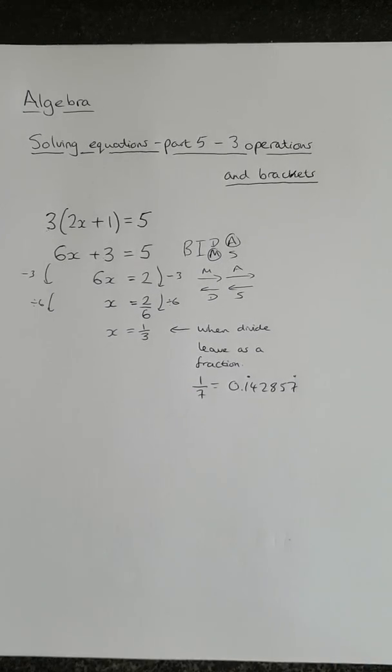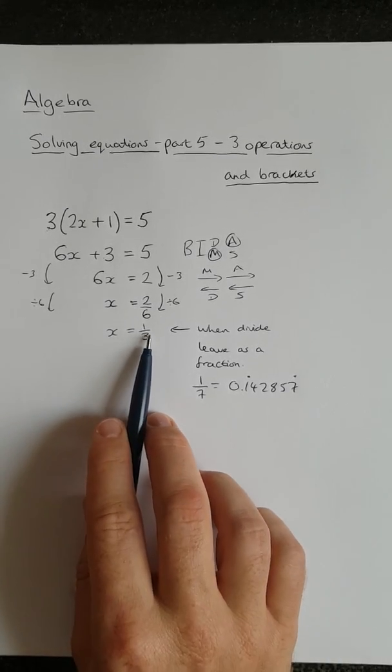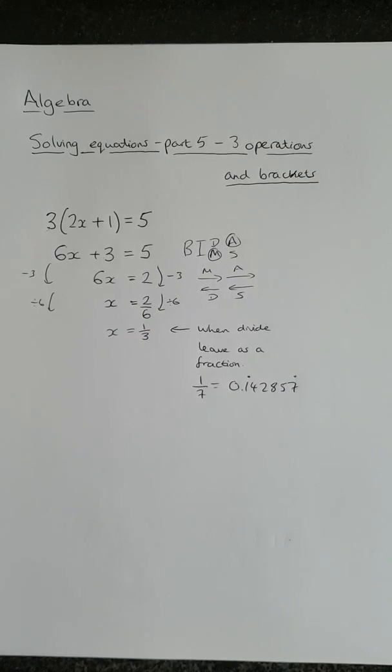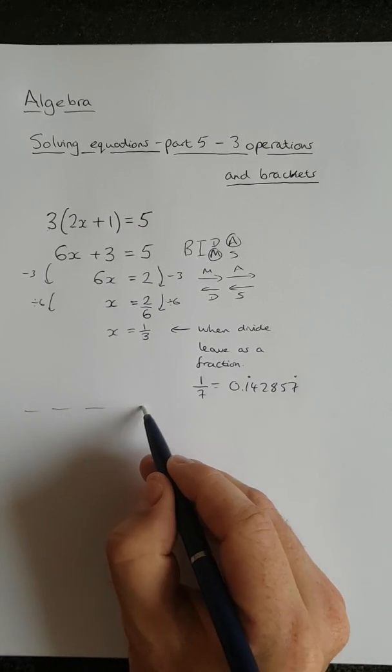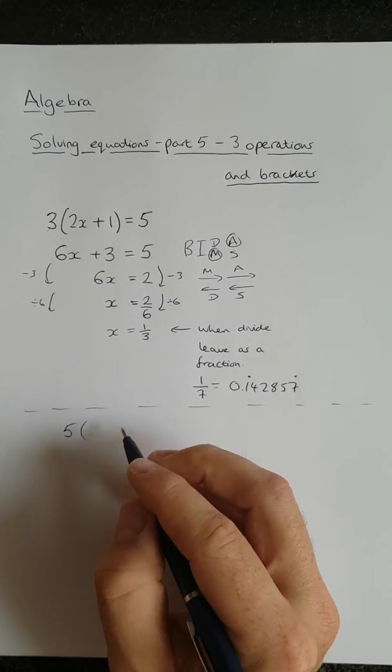Now, if you want to remember all of the difficult decimals, that's fine. But I would strongly advise you to do less work and just leave it as a fraction. Okay, next example.